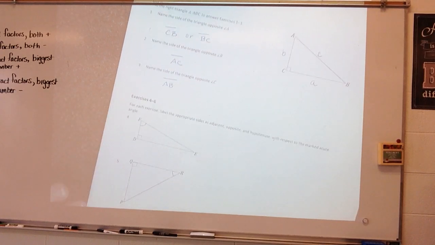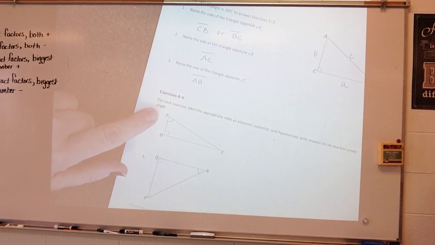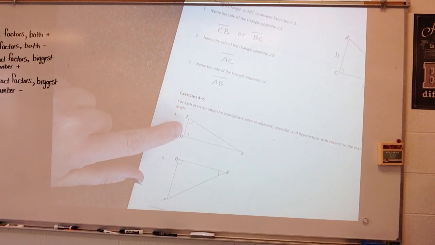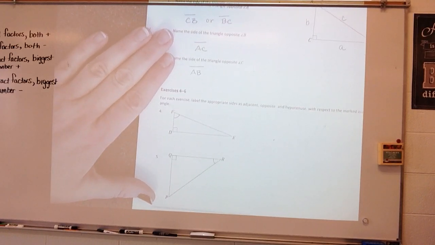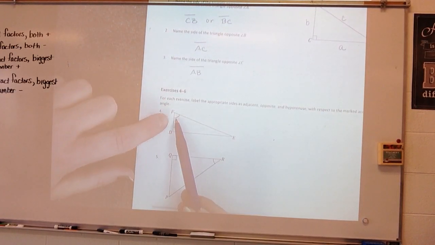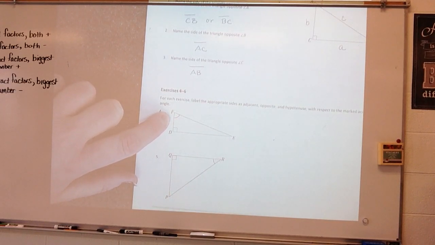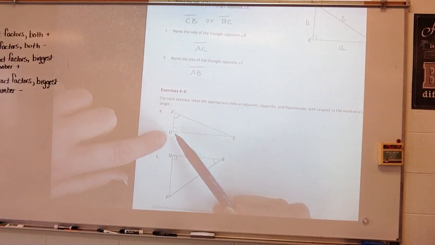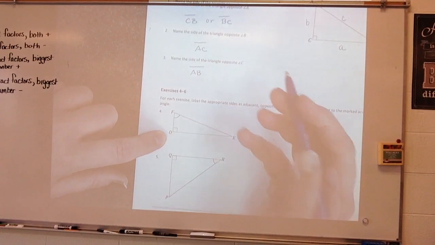With that being said, for each exercise, label the appropriate side as adjacent, opposite, and hypotenuse with respect to the marked acute angle. They have marked our acute angles with the arc. So here I am looking in reference to angle F. Once again, my hypotenuse is not going to change. The hypotenuse is straight across from the right angle.